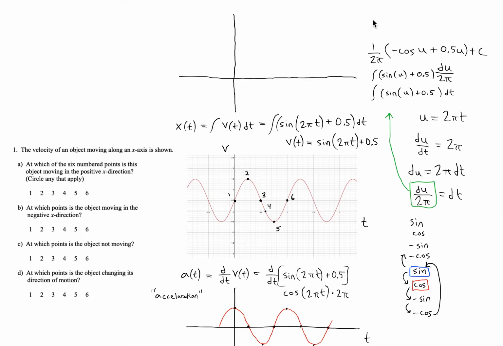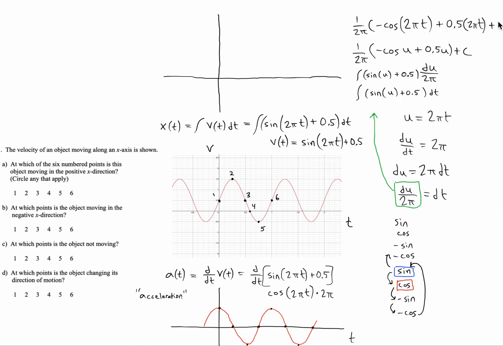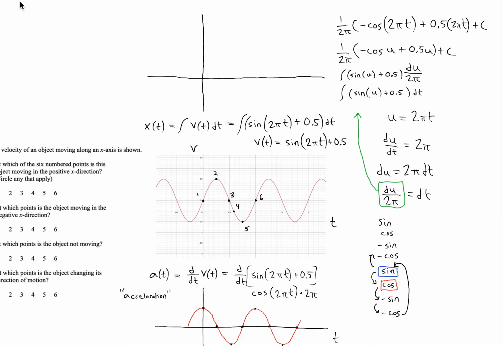Going to put back in what we said the definition of u was, which was 2 pi t, plus 0.5 times 2 pi t plus some constant c, which I'll call an initial position, x naught or x i, you could call it.